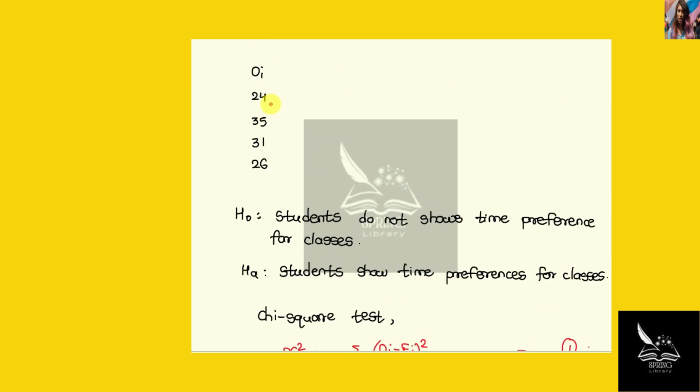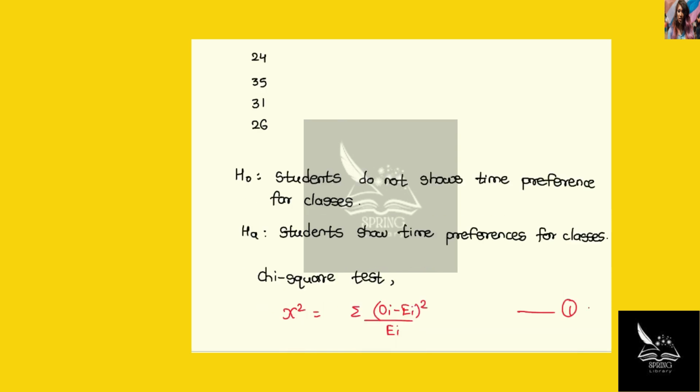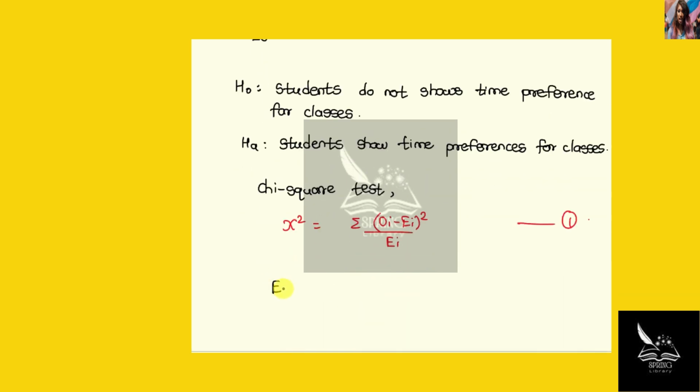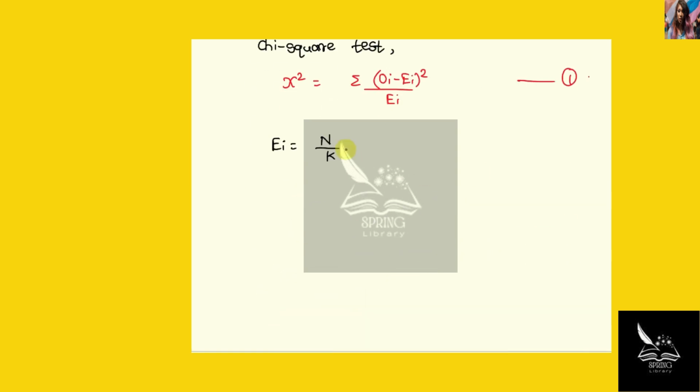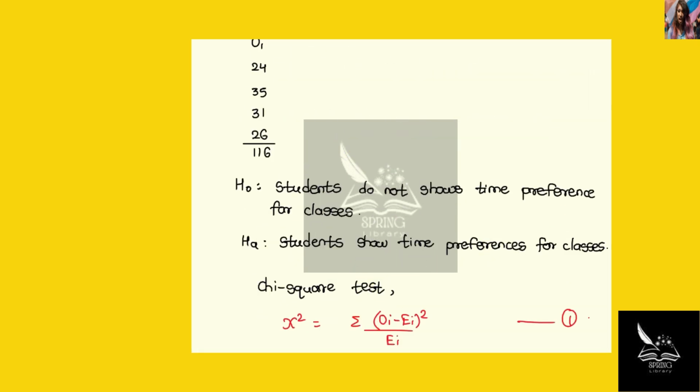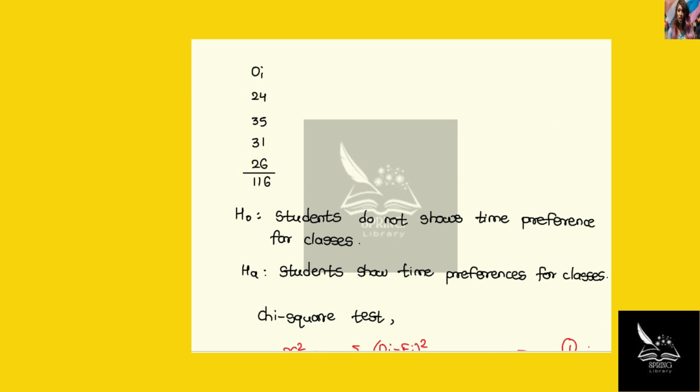Now here we have been given the observed frequency and we need to compute the expected frequency. We can compute the expected frequency Ei as N divided by K, where N is the sum of the observed frequencies, which is 116, and K is the number of categories, which is 4.